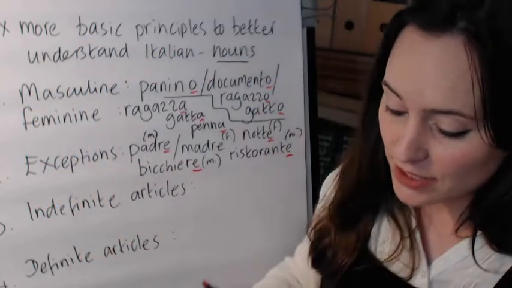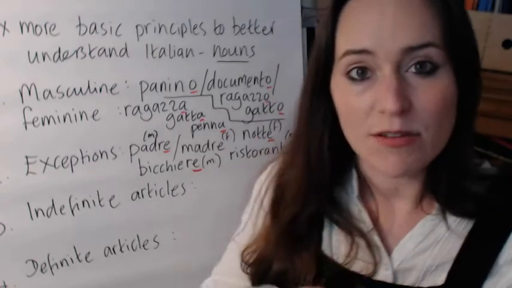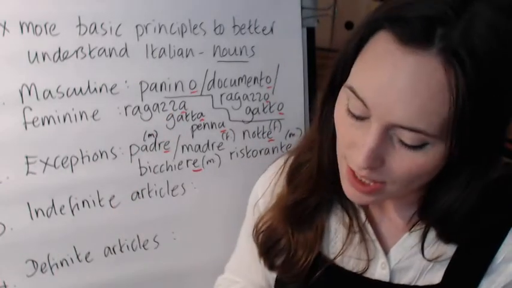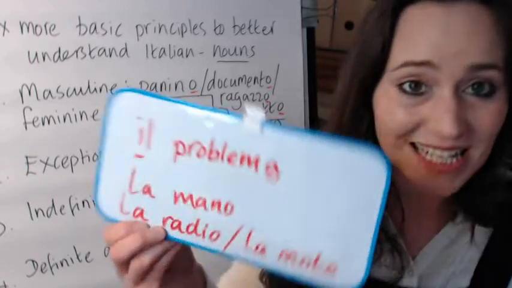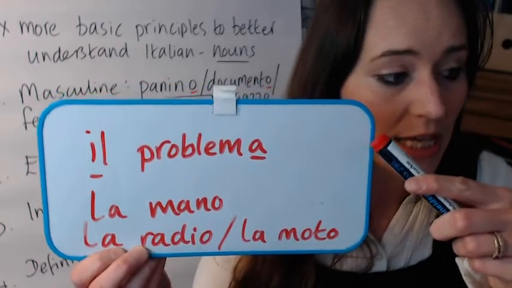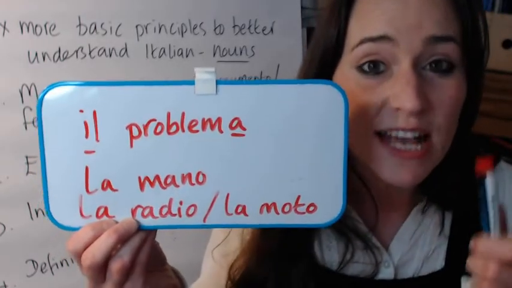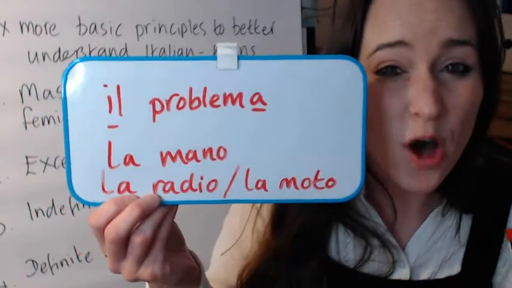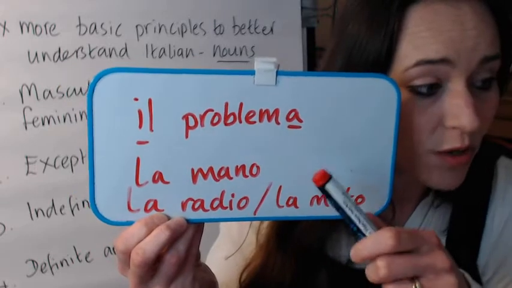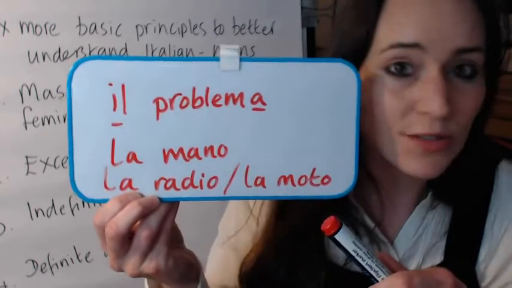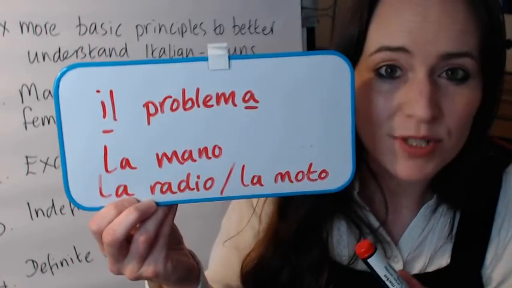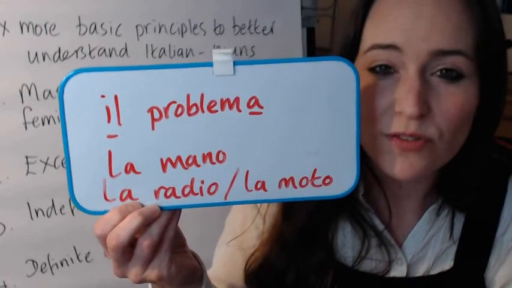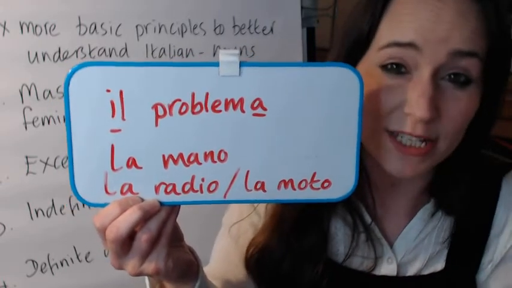So, exceptions. Words that end in E could be masculine or feminine. Some masculine nouns, not that many of them, like il problema, don't end with an O as you'd expect, it ends with an A. On the contrary, some common feminine nouns end with an O. La mano, lots of weird exceptions to what you'd expect for nouns and their genders to do with the body.